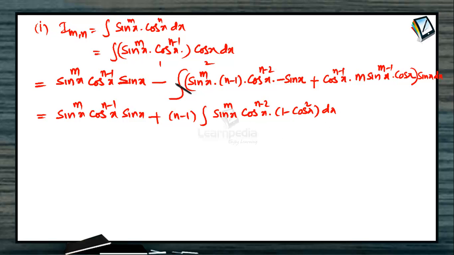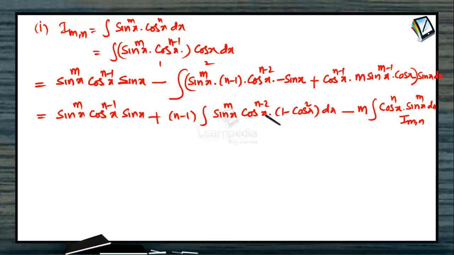Again this is minus into this plus, becomes minus m times the integral. This is cos^(n-1) into cos x, which is cos^n x, into sin^m x dx. This is nothing but I m,n.